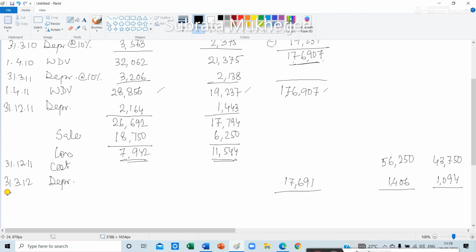So the written down value on 1st April 2012 for M3 will be 1,59,216, M4 54,844 and M5 42,656. These are the written down values of machines 3, 4 and 5.